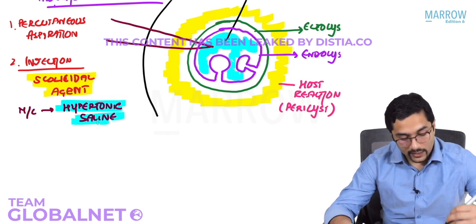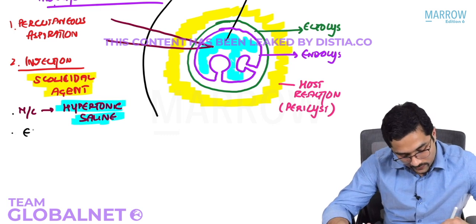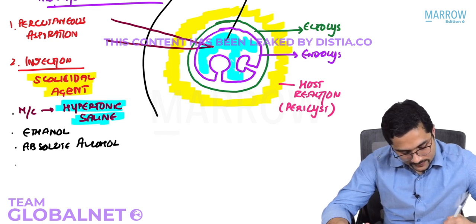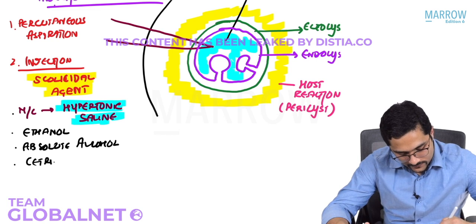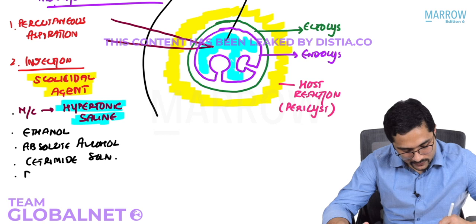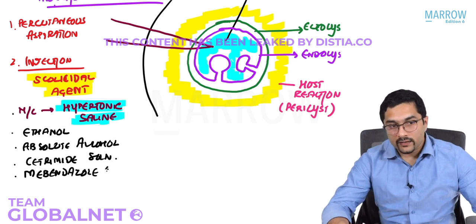This has also been asked in the exam. The other scolicidal agents are ethanol, absolute alcohol, cetrimide solution, or mebendazole solution. So these are the various scolicidal agents.